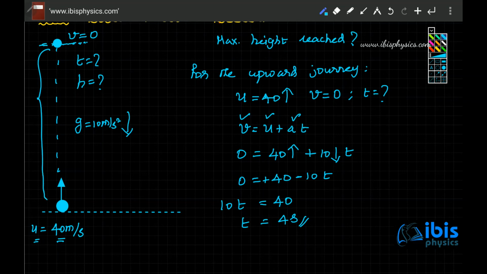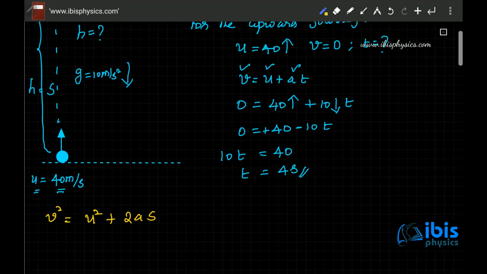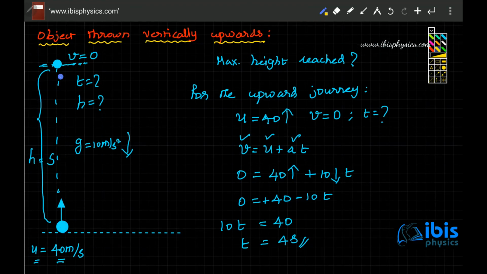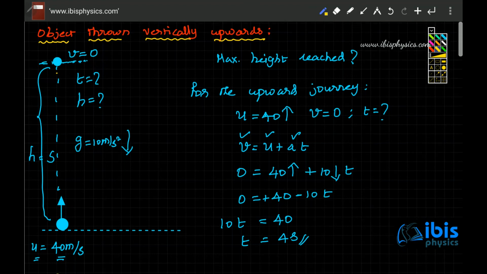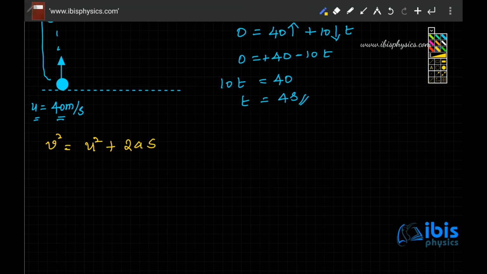This displacement is the height. The displacement in the upward journey is called the height reached by the object, the maximum height. You remember this equation? v square is equal to u square plus 2as. The initial velocity is 40, the journey ends at the highest point, so the final velocity is 0.